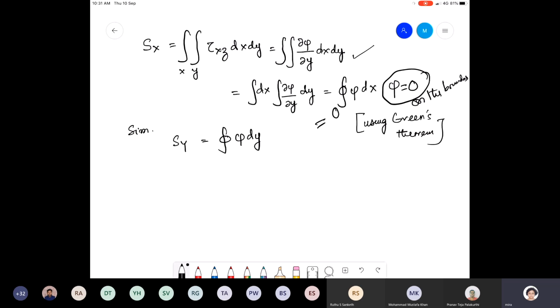Similarly, Sy will also end up being the boundary integral of the stress function over dy, and that is also going to be 0. So we see that though there is a requirement of boundary forces on the top and bottom surfaces, the resultant of these forces is going to be 0.